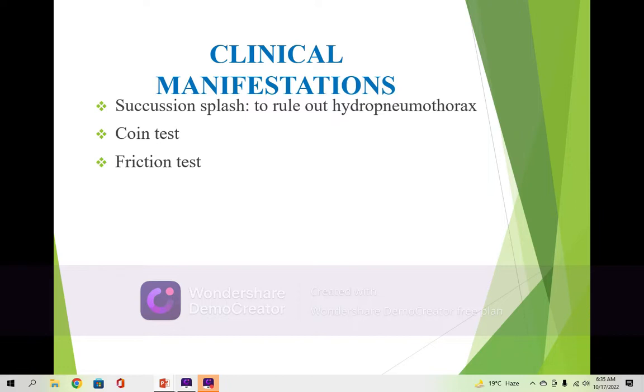That is called the coin test. Friction test: if you rub your hands over the area where the pneumothorax is, you will hear on the other side with the stethoscope a very clear frictional sound.